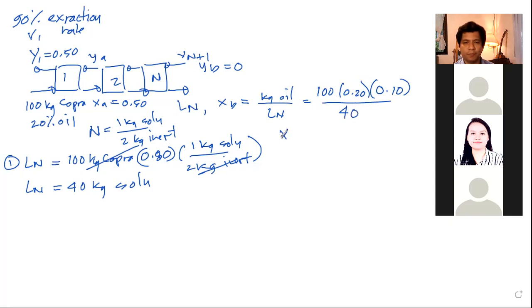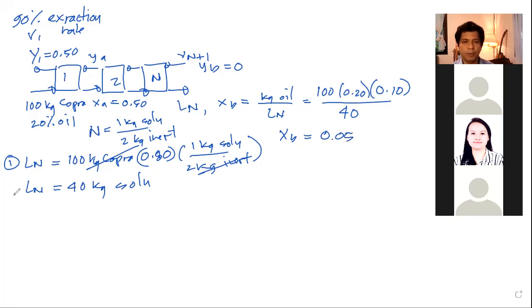So, XB, use your calculator. This is the third value of concentration. One over 20, so 0.05. 0.05 yung X sub B. Do you have any question at this point?